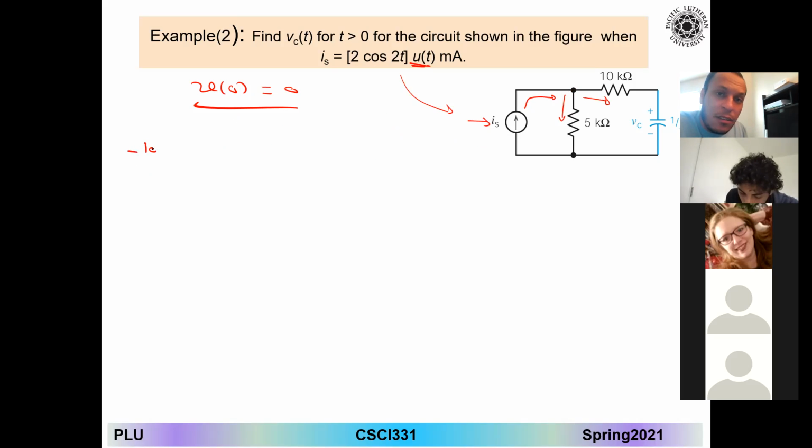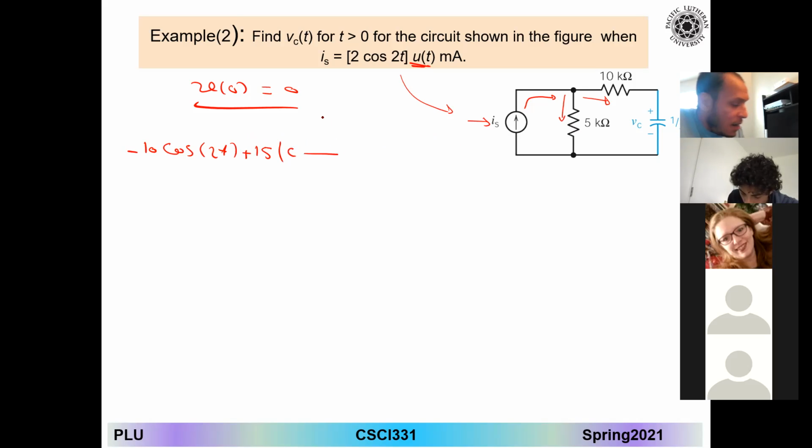Here is minus 10 cosine 2t plus 15 times C dVC by dt. Where does the C come from? We have the theory, right?